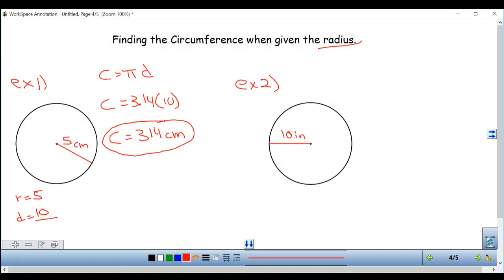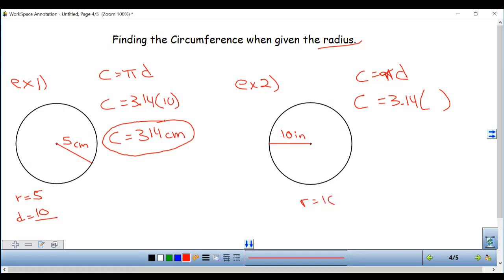If not, we will continue with finding the circumference of the second circle with our formula, C equals pi times diameter. I do not have the circumference, so it is C. Pi is always 3.14, and the diameter I do not have. I'm given the radius.